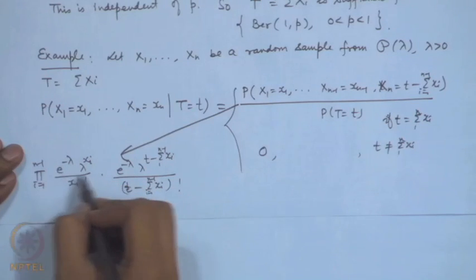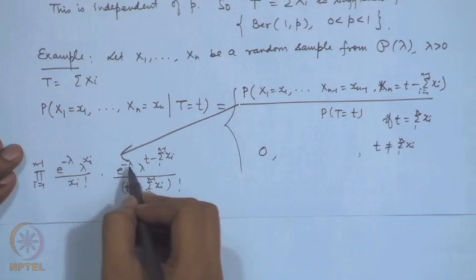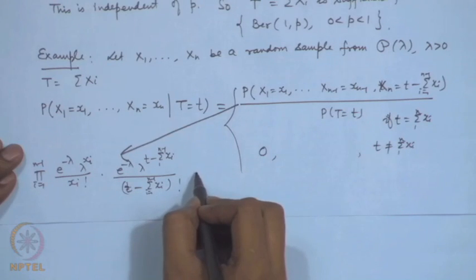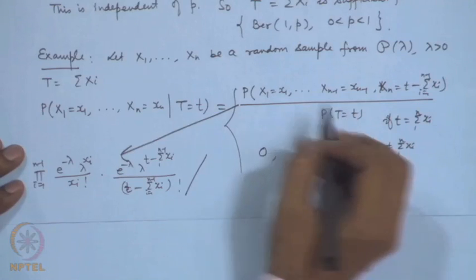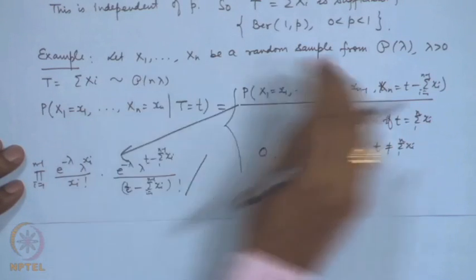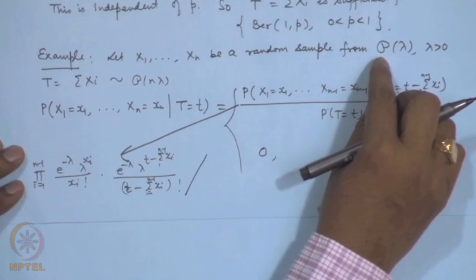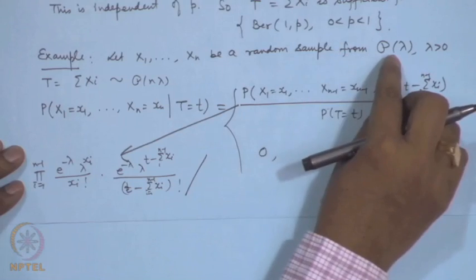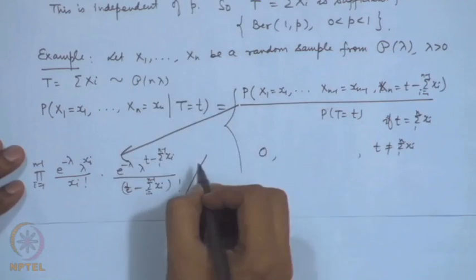Now, this will become e to the power minus (n minus 1) lambda, and then e to the power minus n lambda, and also we have in the denominator T. Now, this will follow Poisson(n lambda), because Poisson distribution is additive. So, if we are considering a random sample, each one following Poisson(lambda), then sigma Xi will follow Poisson(n lambda).